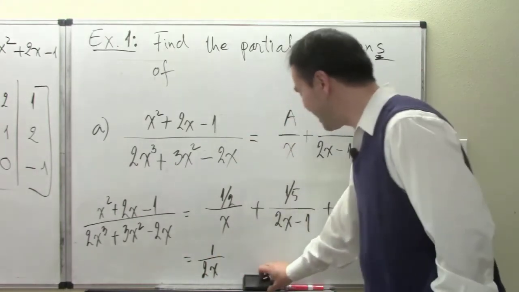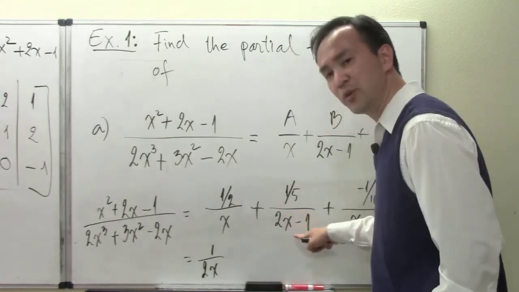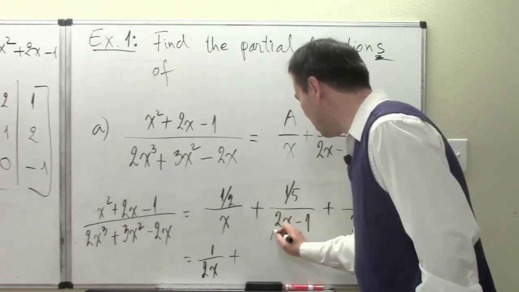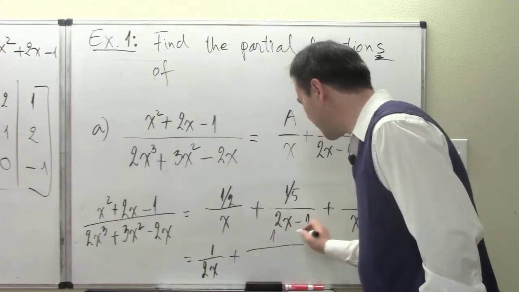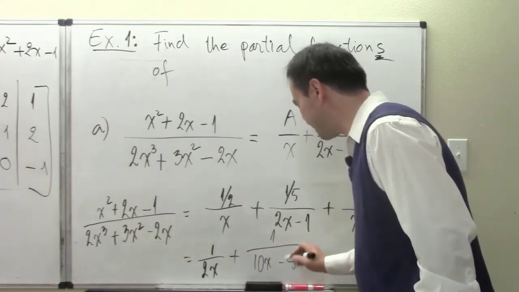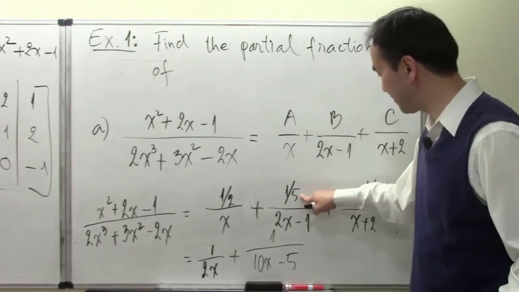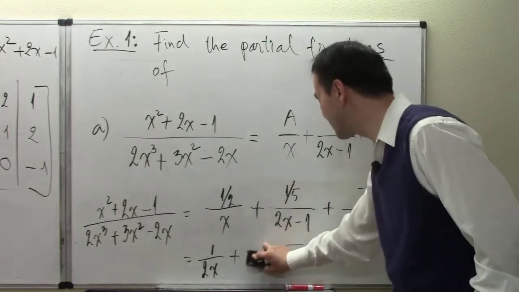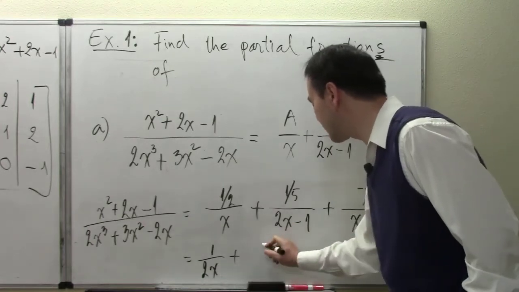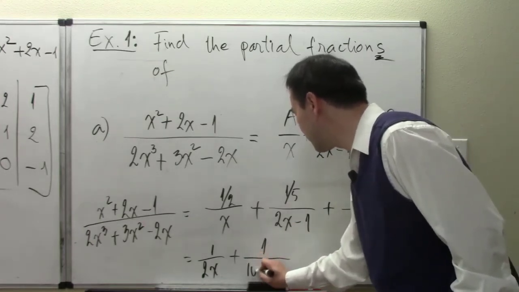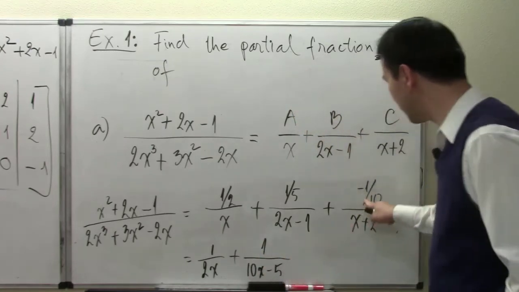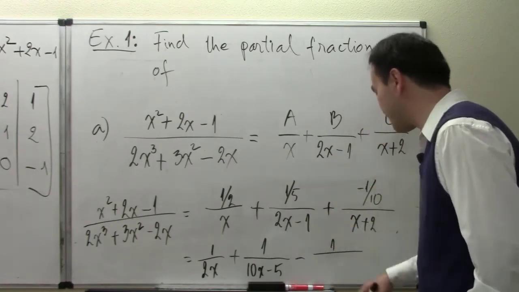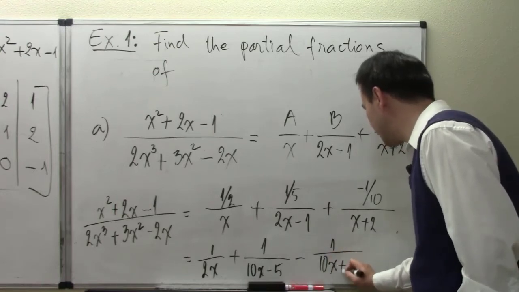Then 1/5 over (2x minus 1), still a plus sign between the two terms, is 1 over 5 times (2x minus 1), so it's 1 over (10x minus 5), because the 5 multiplies each term. And the last one is negative, so we subtract 1 over (10x plus 20).